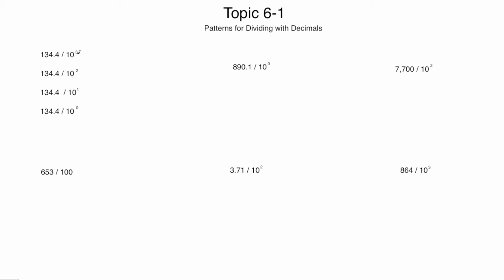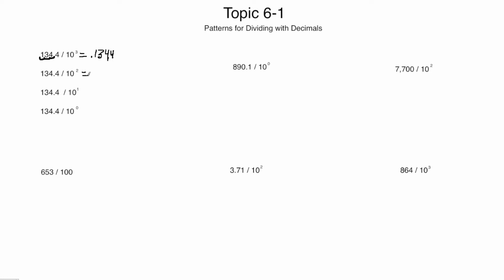Well, 10 times 10 times 10, that would be 1,000. So we're dividing this number by 1,000. So we go 1, 2, 3, and so the butt cheek now goes in front. So my answer is 1,344 10,000ths.